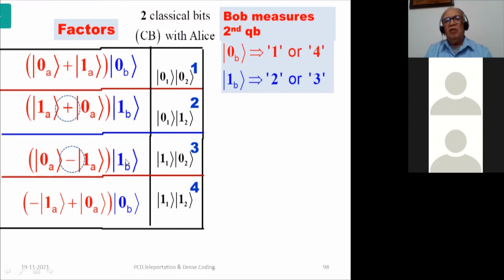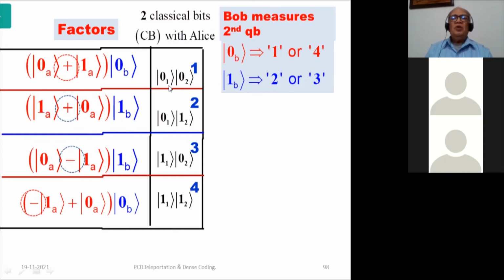This is also 1 with Bob. And in both cases, he gets the state 1. But then the factor is different, because this one is with a plus sign and this one is with a minus sign. And now what can he use? Can you think about it?